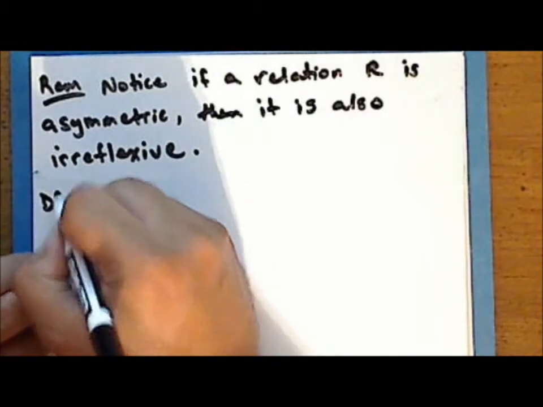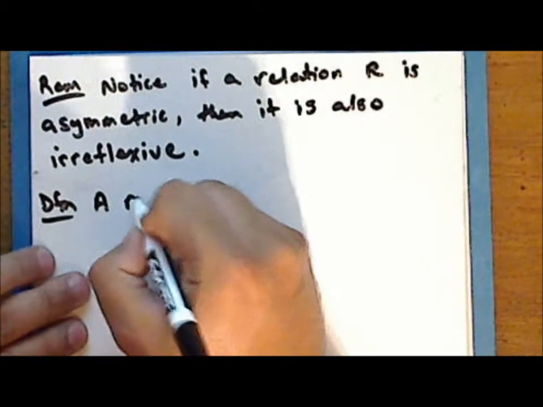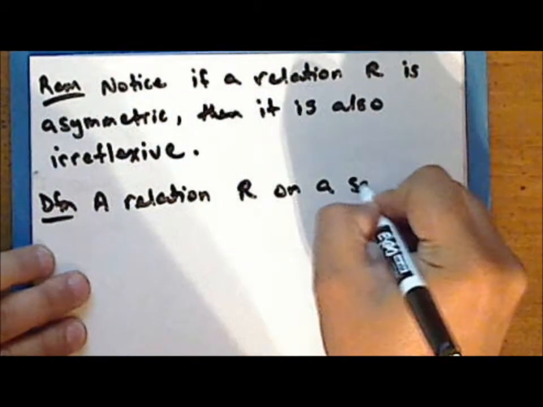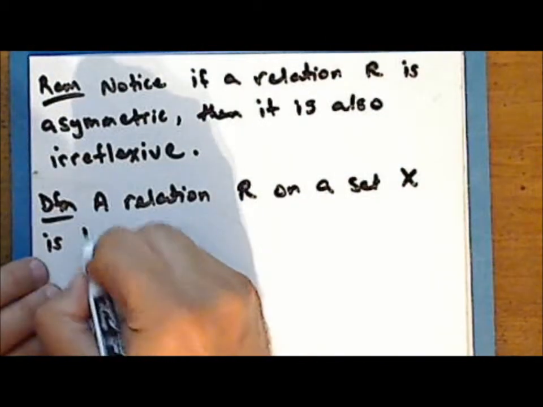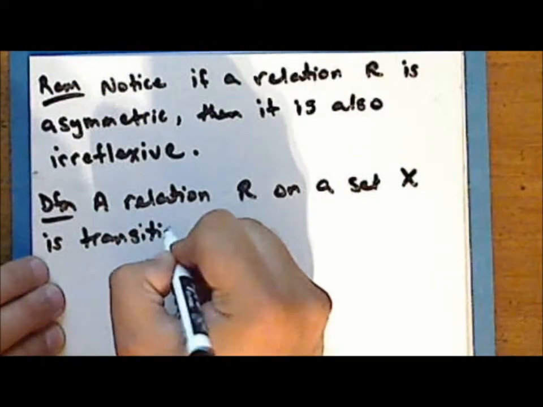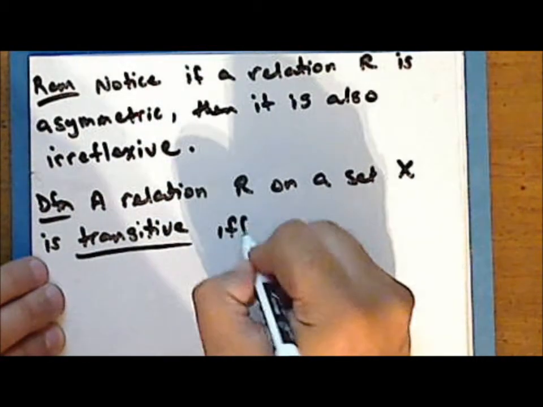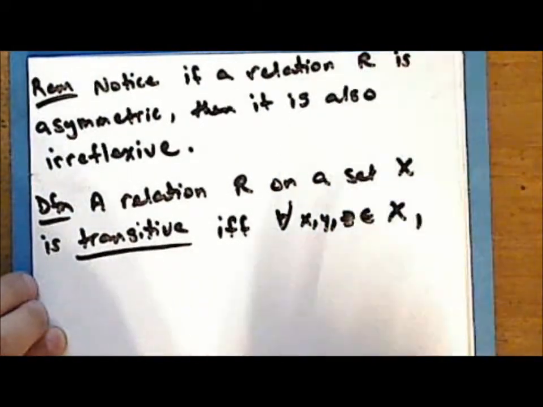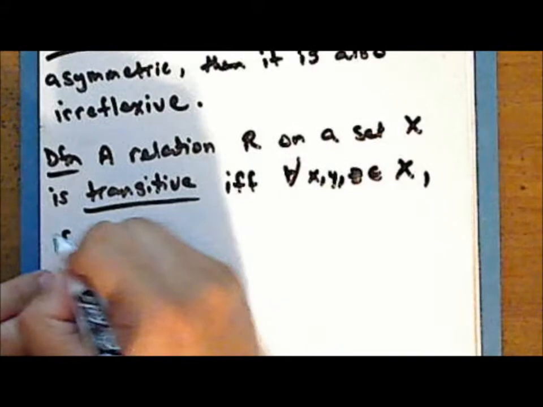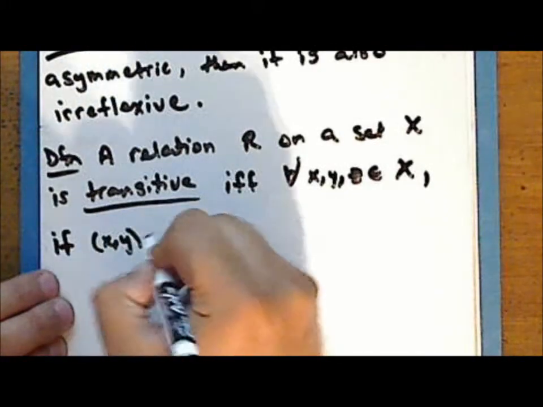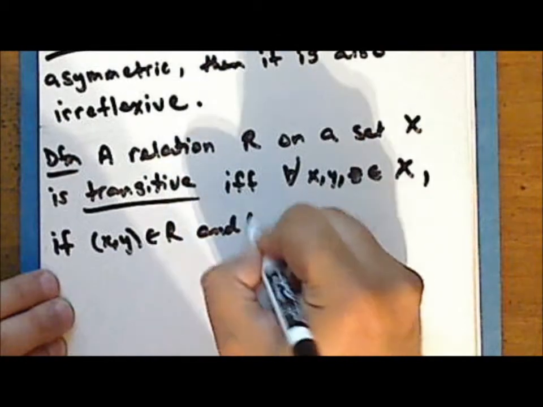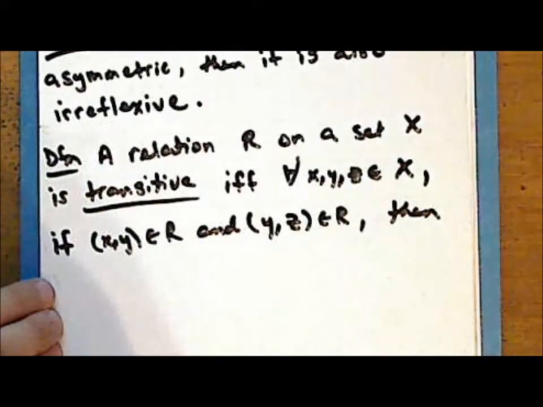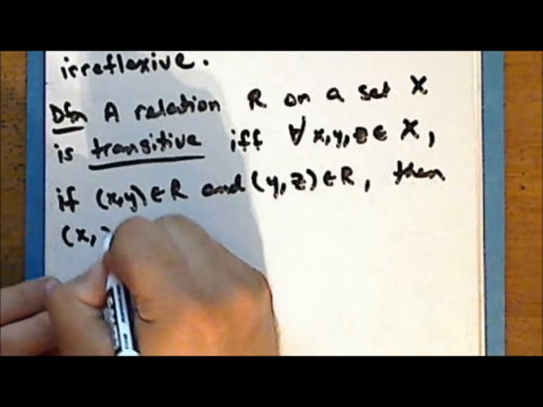Okay, new definition. A relation R on a set X is transitive if and only if, for every three elements x, y, and z, if it is true that the ordered pair xy is in the relation and the ordered pair yz is in the relation, then the ordered pair xz is in the relation.